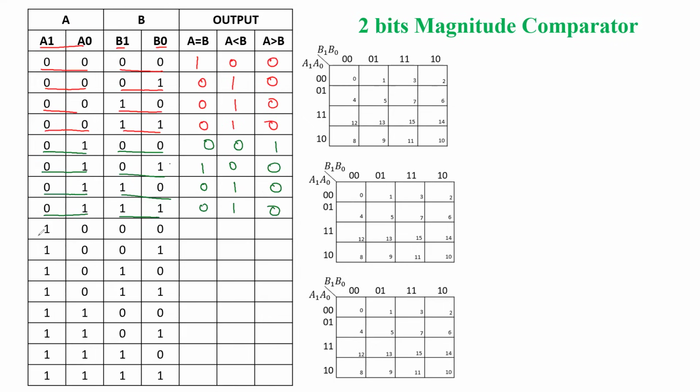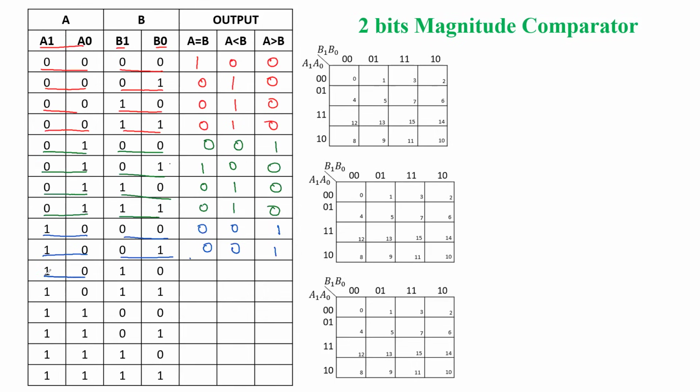Similarly, we have other combinations. If you see again, A is 1 0, that is 2, and B is 0 0. So it satisfies A greater than B and the remaining are 0. Again, A is 2, B is 1, so A greater than B, remaining are 0.